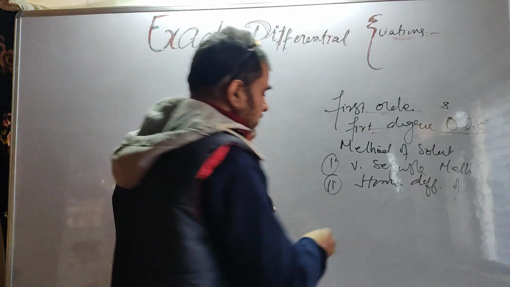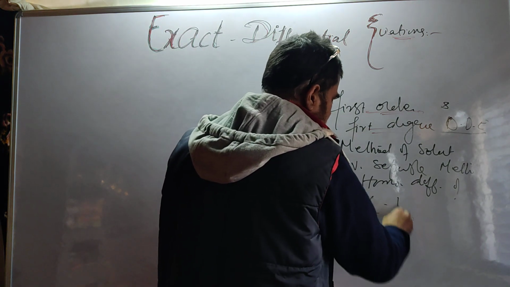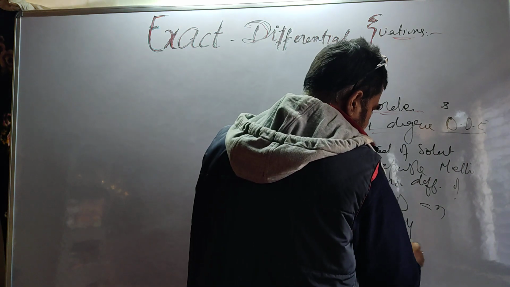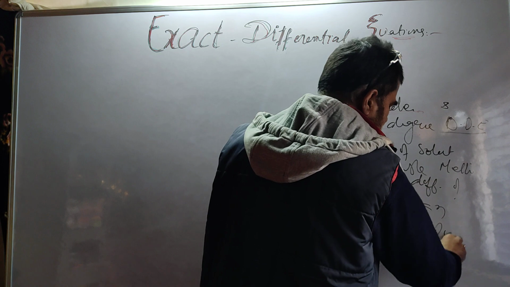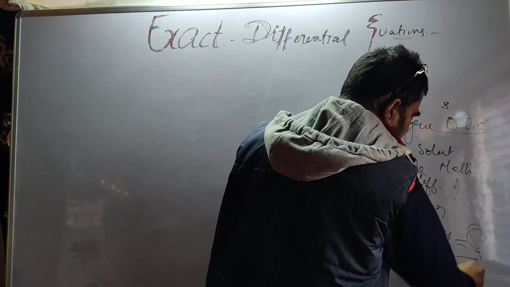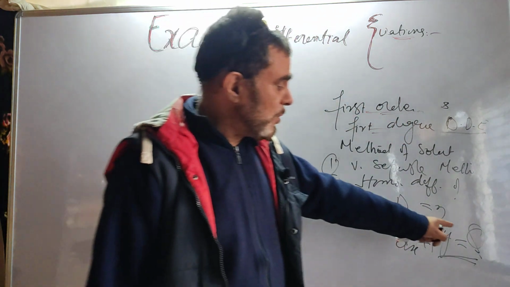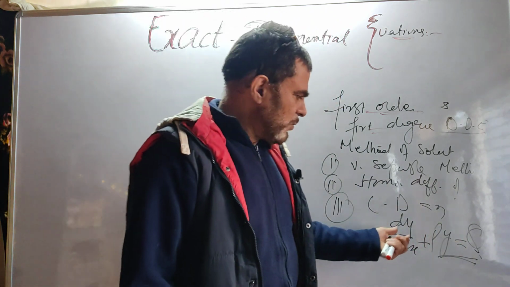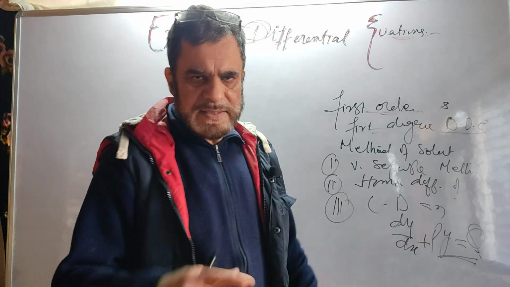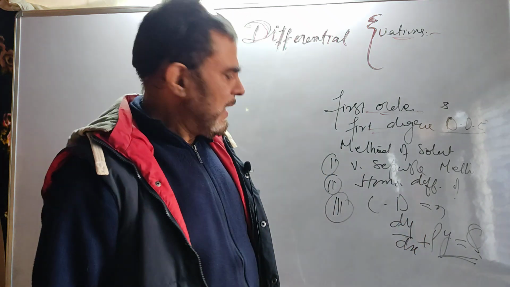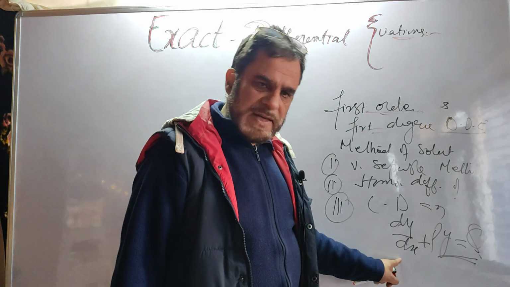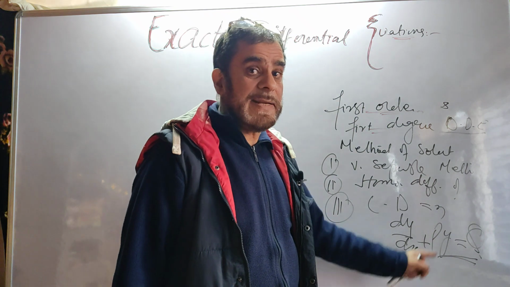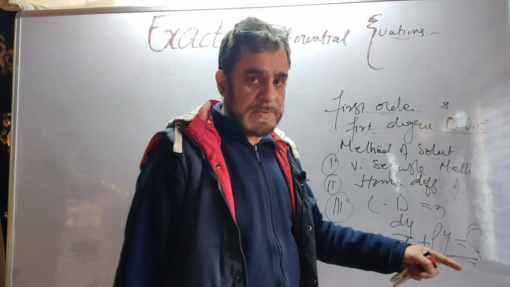Then you have the third one, a linear differential equation like dy by dx plus py is equal to q, where p and q are functions of x alone or can be constants. You solve it by the integrating factor, e raised to the power integral of p dx. Or if it is dx by dy plus px is equal to q, where p and q are functions of y alone, the integrating factor is e raised to the power integral of p dy.